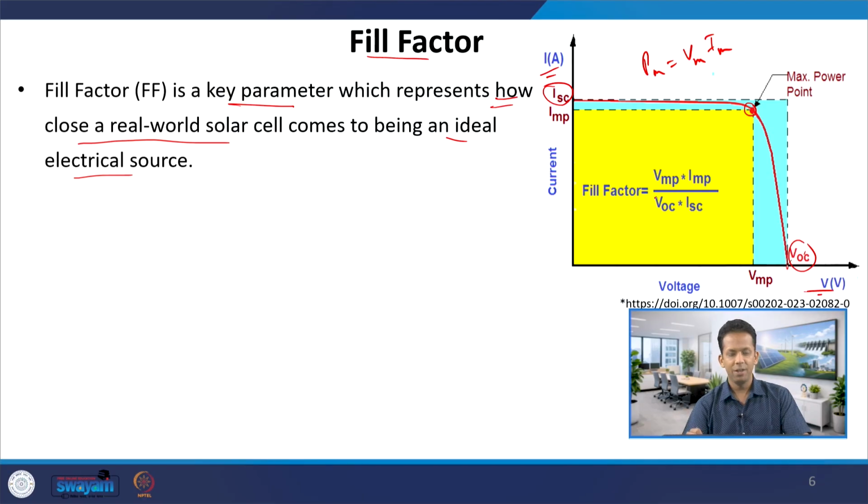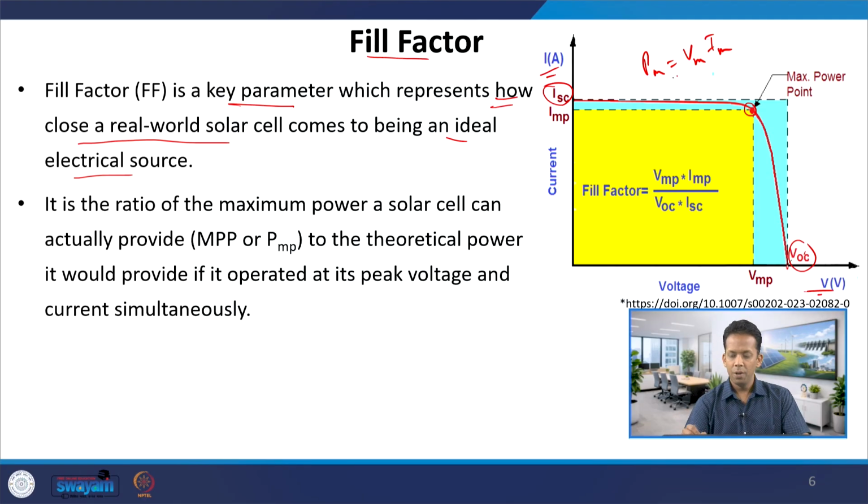And fill factor is the ratio of maximum power upon the theoretical maximum power.